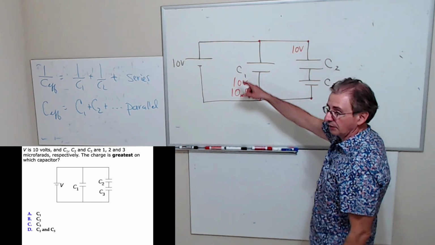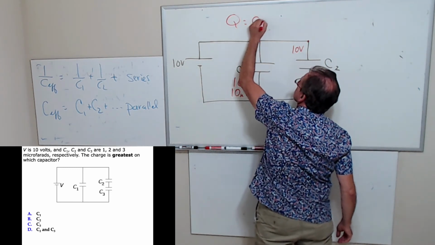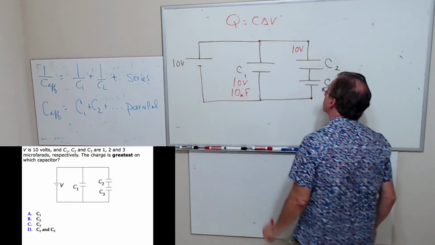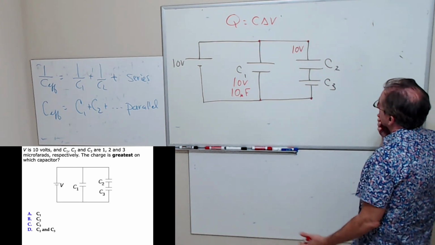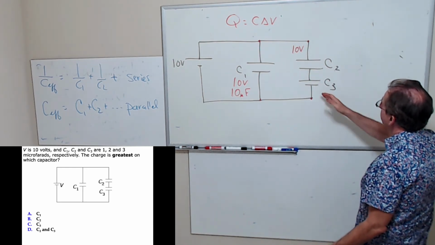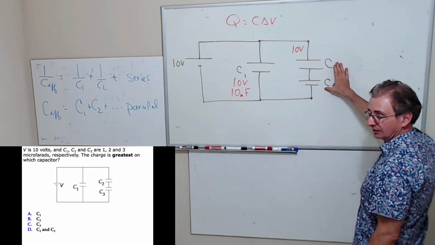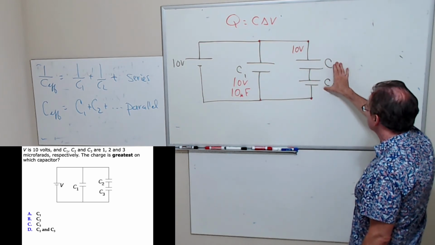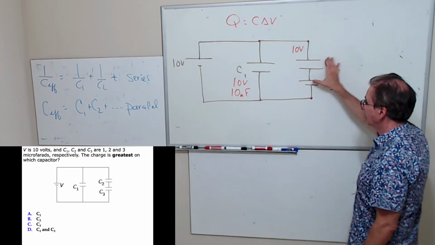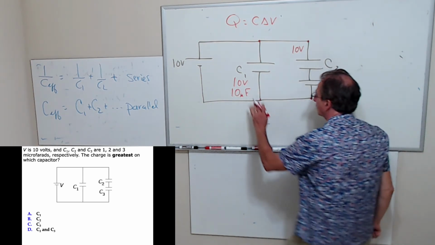Because C1 is 1 microfarad. Remember, Q is C delta V. So if the effective capacitance of this system is bigger than 1, then the charge on these 2 is going to be bigger than the charge on this, which is 10 microcoulomb.